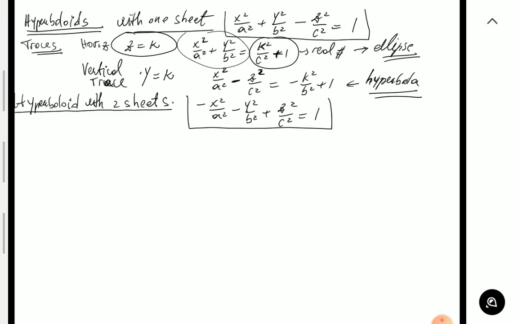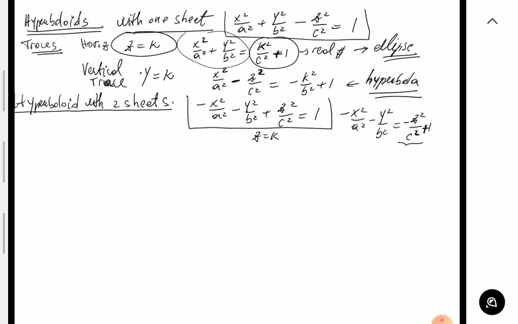If you look carefully, I cannot actually plug in all possible values for z, right? If I look at a horizontal trace, for example, like before, if I plug in z equals k, clearly the right hand side, which should be negative, right? Because on the left I have only negative numbers, it's only negative for certain values of z, right?